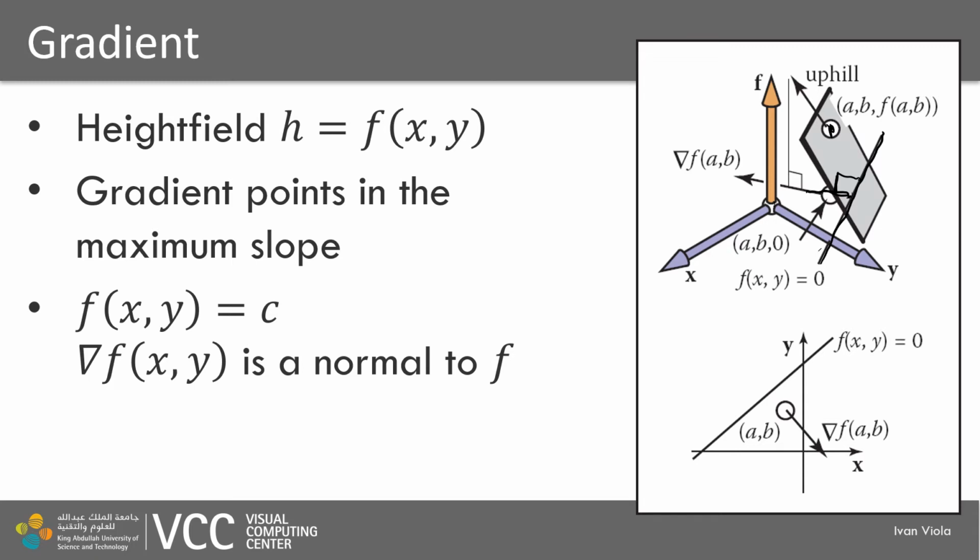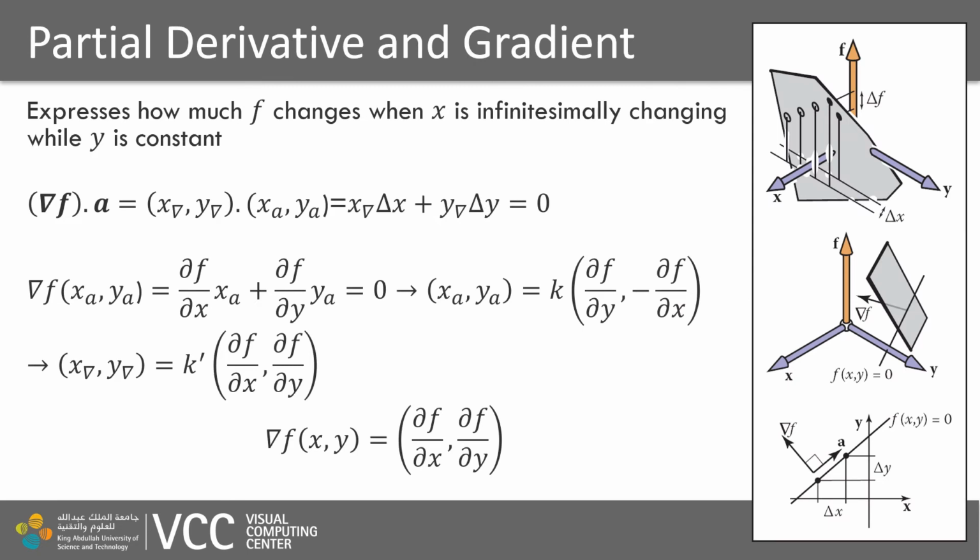Now, we know that the gradient can be expressed by partial derivatives of a function. A partial derivative expresses how much a two-dimensional function changes when one of these dimensions is kept constant and the other one is infinitesimally changing.